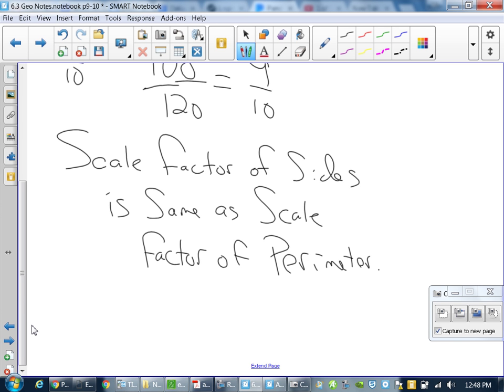Sides and perimeters have the exact same scale factor, right? Because of the relationship, this perimeter is made up of sides. The reason why we use this is because eventually you'll be able to find perimeters of similar figures if you just know one side. You don't have to know all of them. You can do it using scale factor. Let me show you an example of that. Are we okay with that?